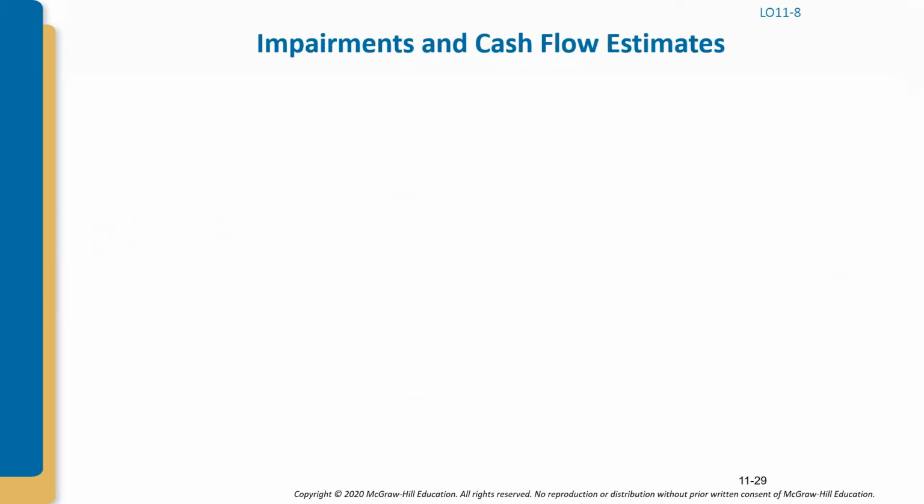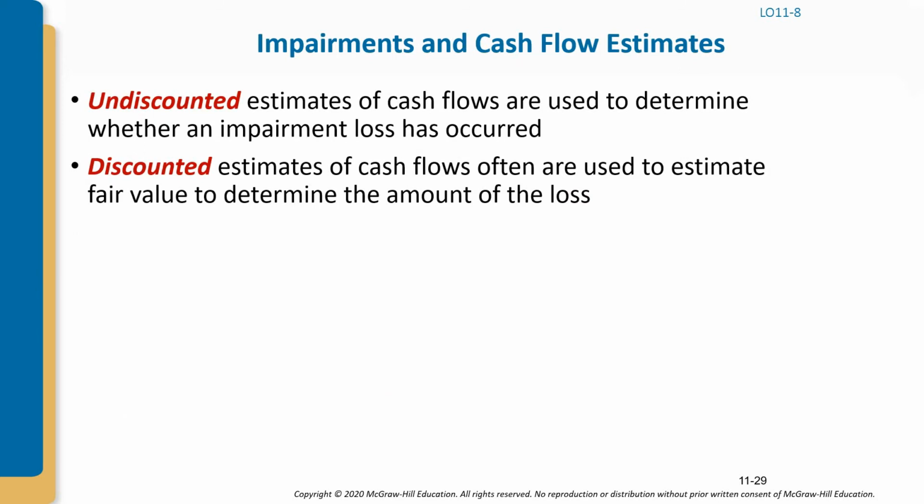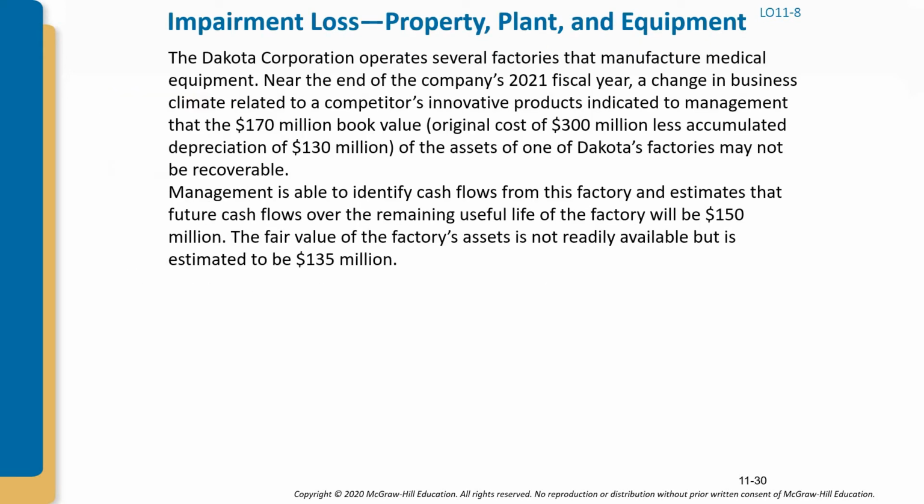Undiscounted estimates of cash flows are used to determine whether an impairment loss has occurred, and discounted estimates of cash flows often are used to estimate fair value to determine the amount of the loss.